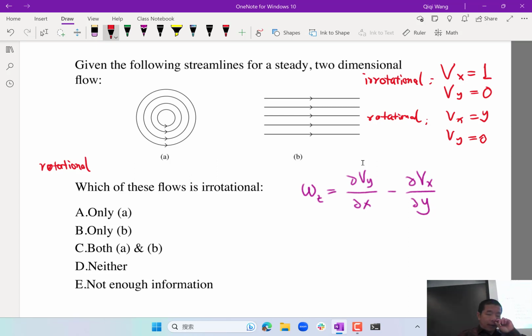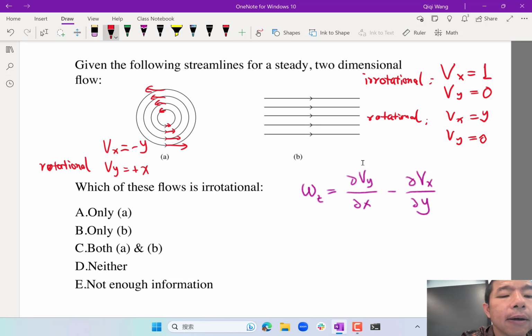So one of the simple ways to construct this is Vx equal to minus y. The smaller the y is, the faster the x velocity is. As y goes more and more negative, the x velocity goes larger and larger, and as y goes more positive, the velocity goes faster in the negative direction. And Vy is equal to positive x.